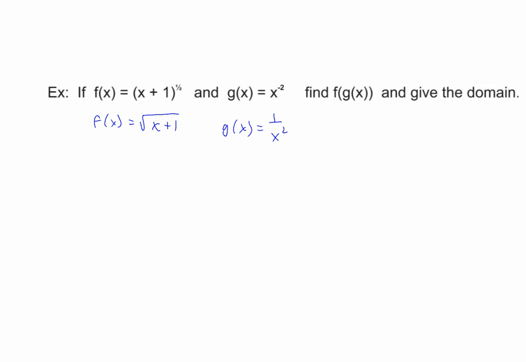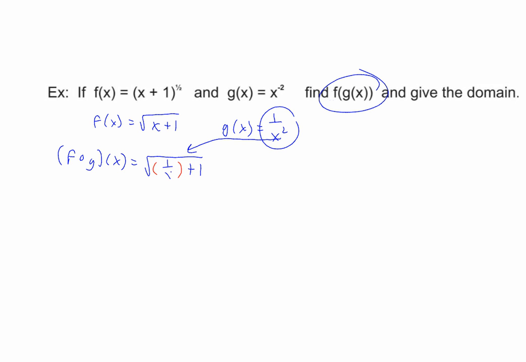So again, the composition, the f composition g of x, or the format I really prefer, I take my f function, and where the variable is, I put a parentheses, and then I sub into the variable the g of x function. So I get f of x equals the square root of 1 over x squared plus 1.